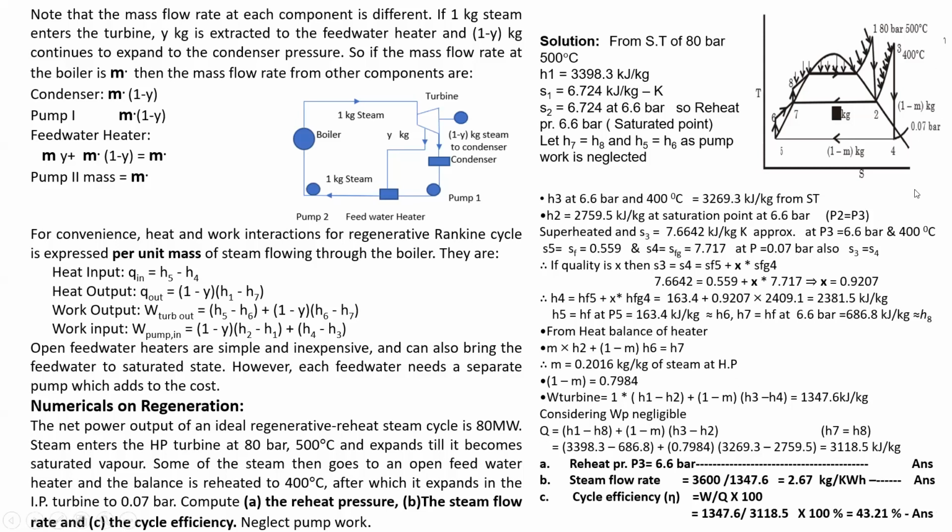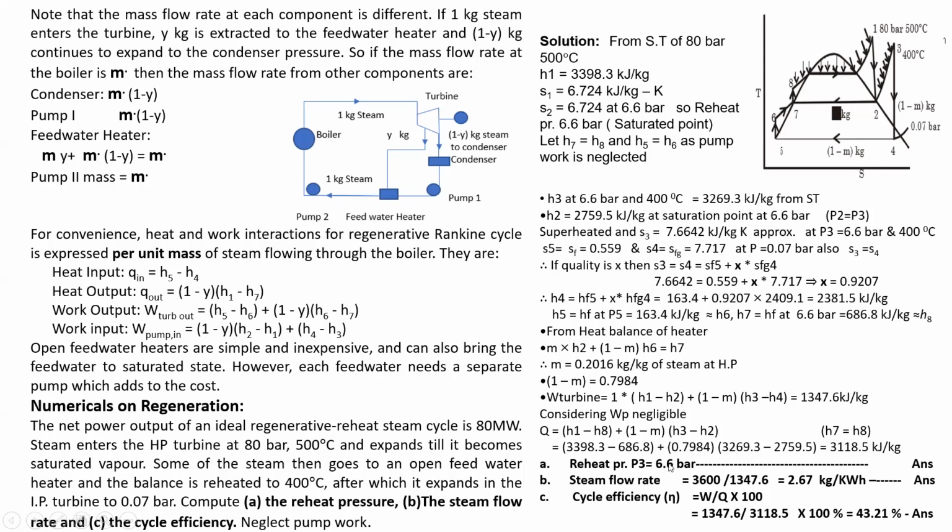I told you to write all the values of H, particularly H1, H2, H3, H4, H5, H6, so that it will be easy to find the final values. Substituting H1, H2, H3 with the value of M, heat in is equal to 3118.5 kilojoules per kg.